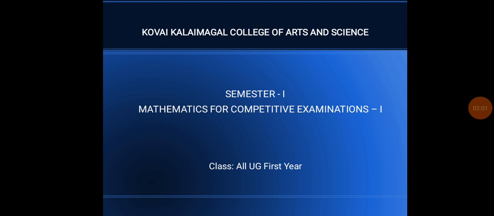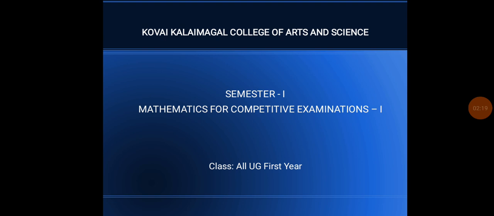The next one is real number. So a real number, it contains all the positive and negative integers, fractional numbers and decimal numbers also, and it is denoted by capital R. The next one is rational number.